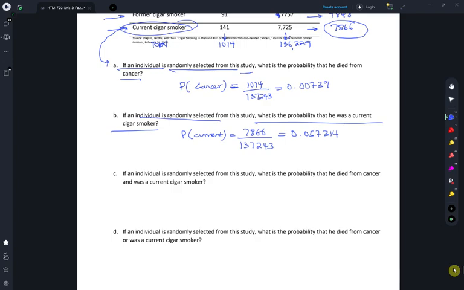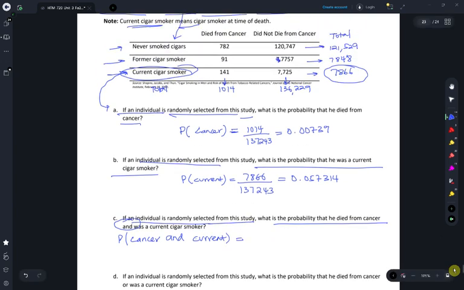Next, if an individual is randomly selected from the study, what is the probability that the person died from cancer and was a current cigar smoker? Looking back at this table, we're looking at the number of instances where the person died from cancer and was a current cigar smoker.